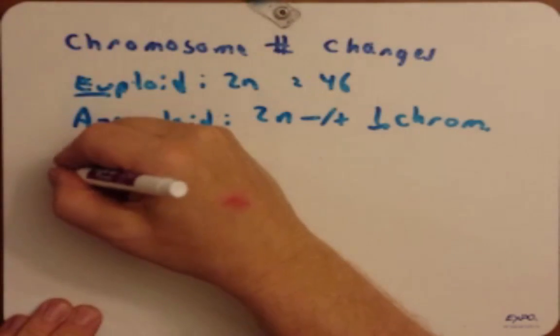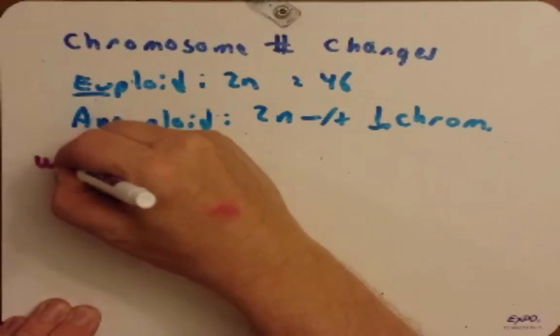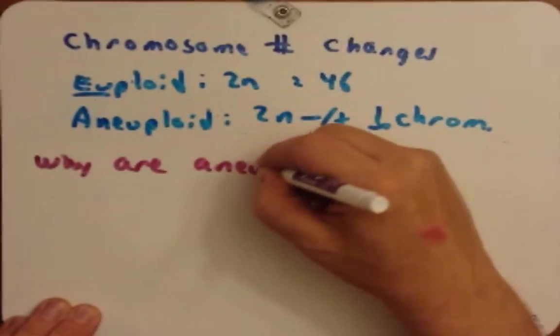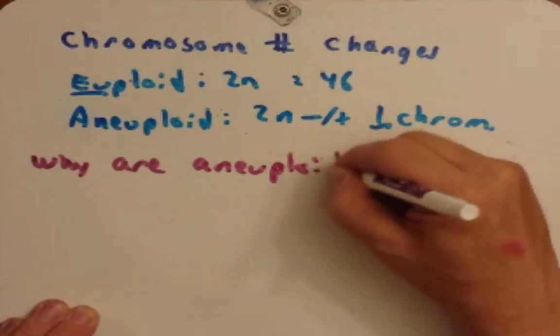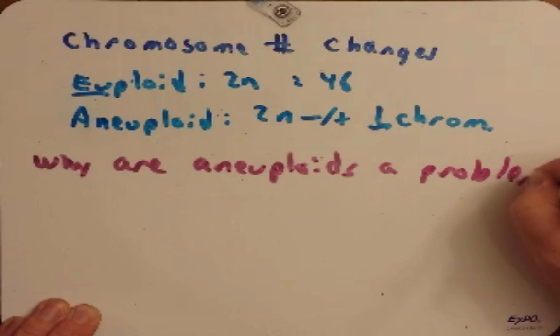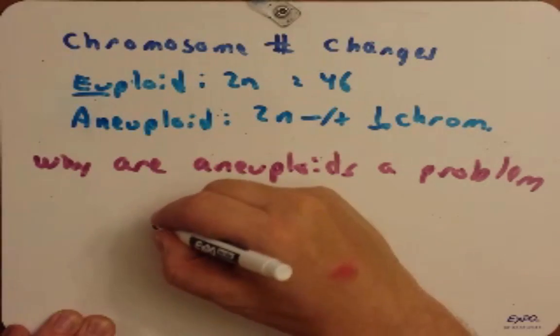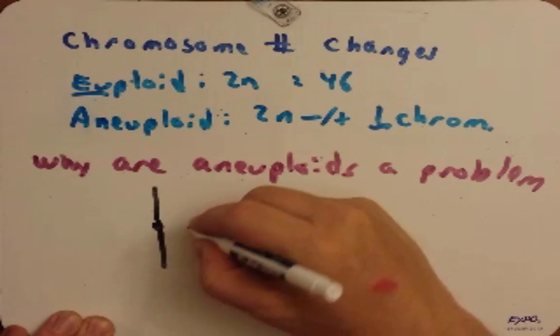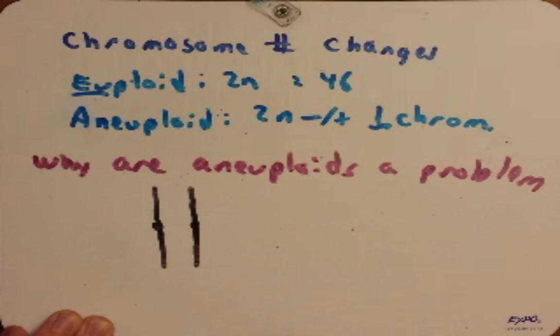So a question we might have is, why are these a problem? Well, let's look at it this way. Let's draw a chromosome here. And this would be the euploid.